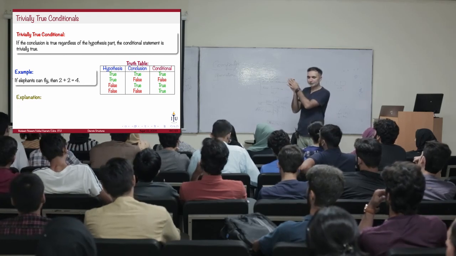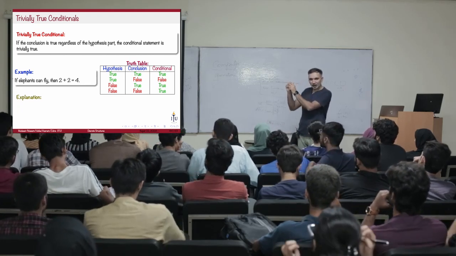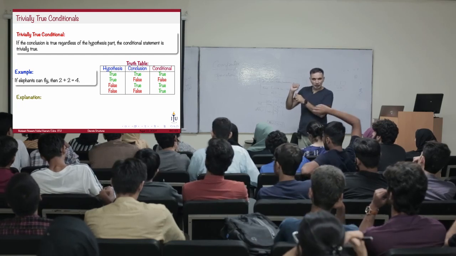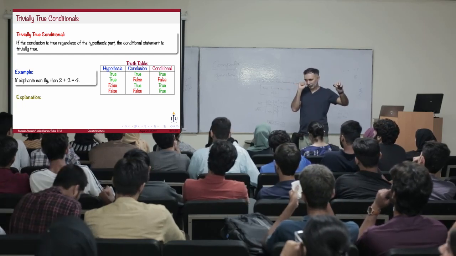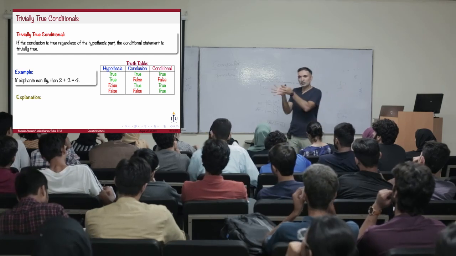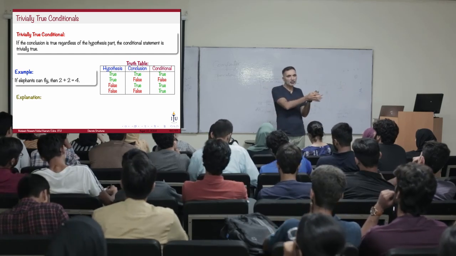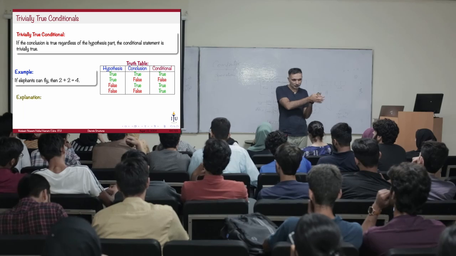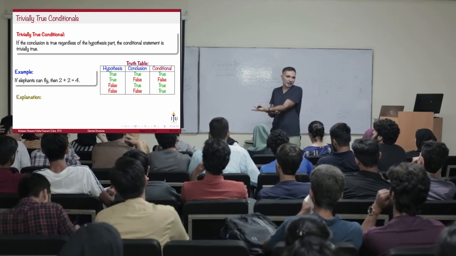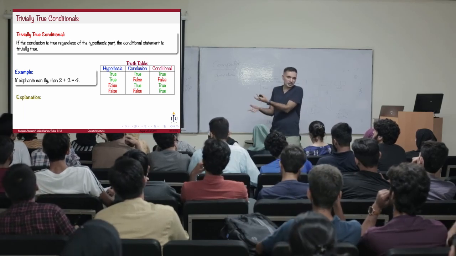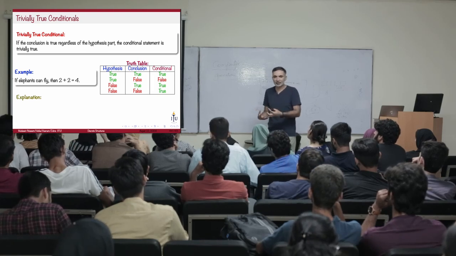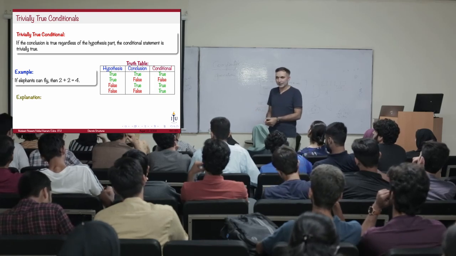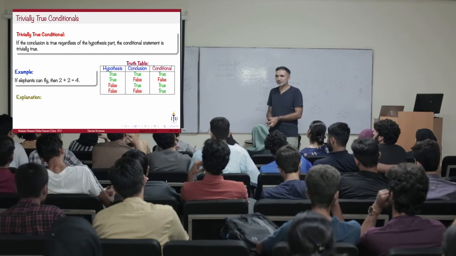If the conclusion part, the Q is true, उस केस में I don't even need to look at P. Right? So if the conclusion is always true, I don't even need to look at the premise. क्योंकि जो चीज़ promise की जा रही है, that's true. So the statement would always be true. इसको हम कहते हैं this is trivially true. Does this make sense?